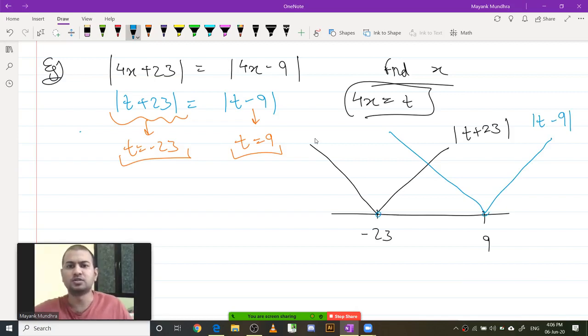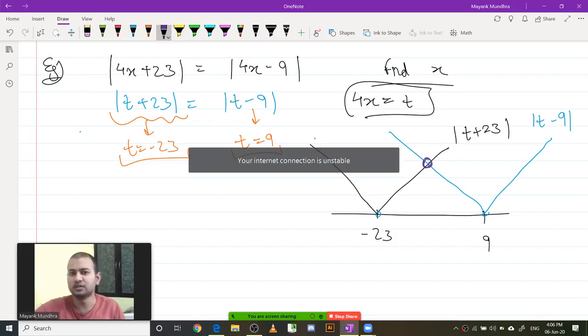Obviously, these two being equal can happen at the midpoint itself. There is no other point where they are intersecting. If you draw the graphs of these two functions, you can find that the answer is the midpoint of these two points, because everything has slope 1.